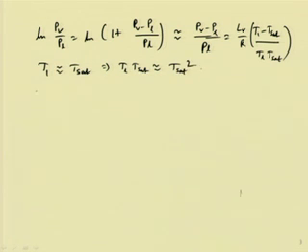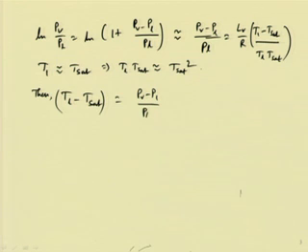So T L minus T sat will be equal to PV minus PL by PL, and then into R by Lv.